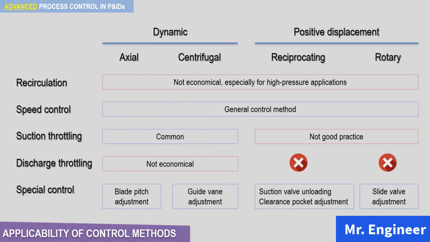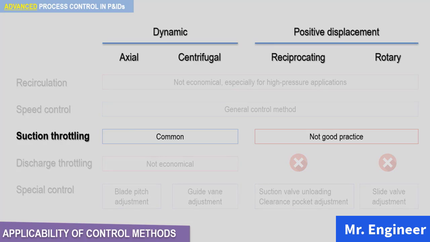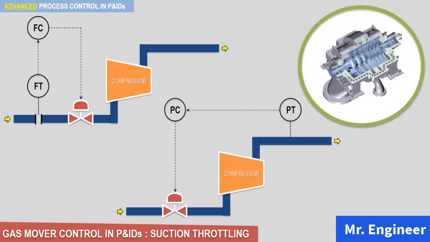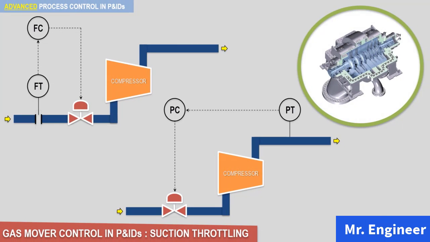Now, next, we have suction throttling. Suction throttling can be used for all types of gas movers, but is really only popular with centrifugal gas compressors. Basically, in this control scheme, you will see on your PNIDs a control valve on the suction side of the gas mover.